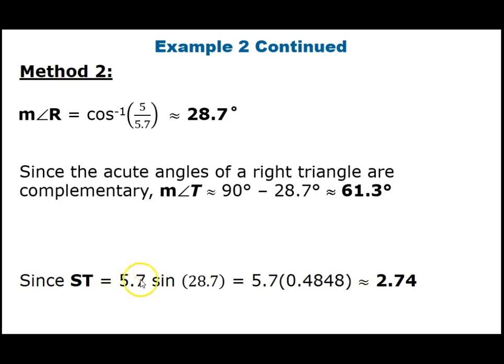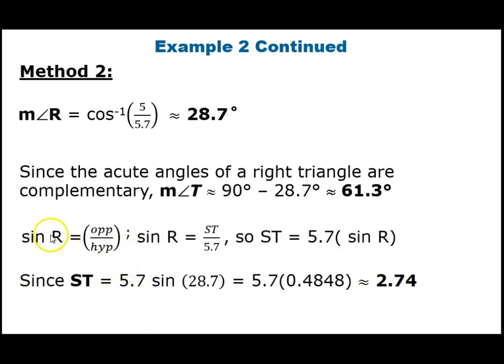So in this case we did the sine of R is equal to opposite over hypotenuse. We know what R is now. We found that angle measure, so we can plug it in and solve for the missing side. So we did ST is equal to 5.7 sine of 28.7, and that gives us that side was 2.74.